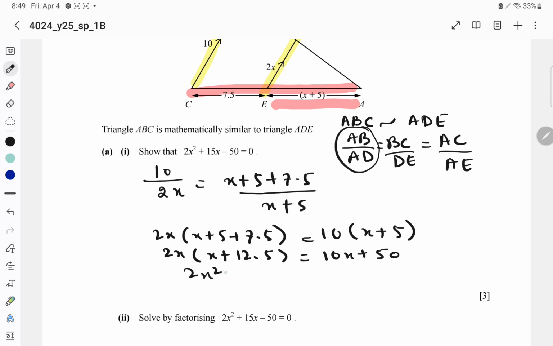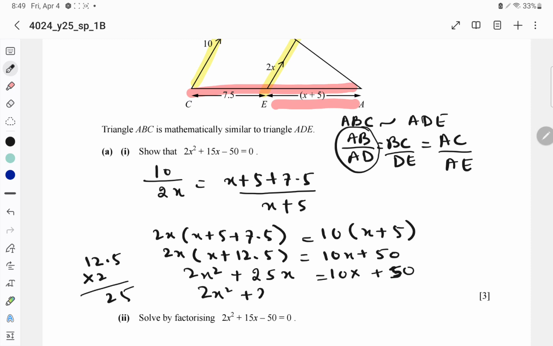So 2x square, and 12.5 into 2, if you do double, that is 25x, is equal to 10x plus 50. Okay, so 2x square plus 25x minus 10x minus 50 equals 0. So 2x square plus 15x minus 50 equals 0, which was required in the question to show, so shown.